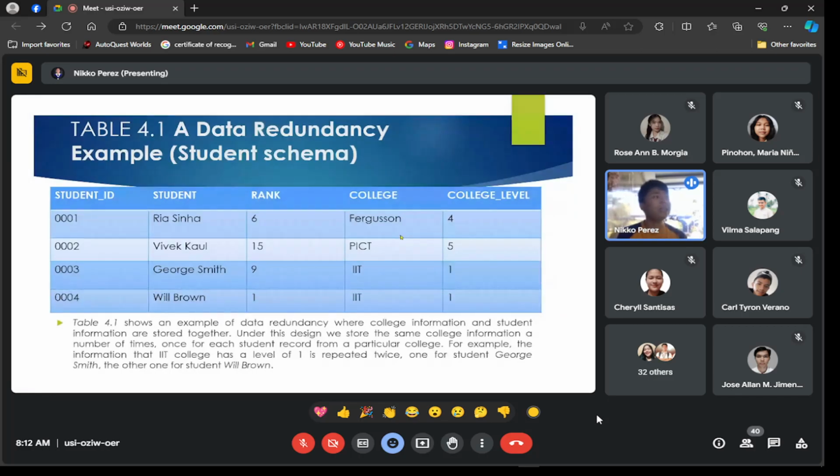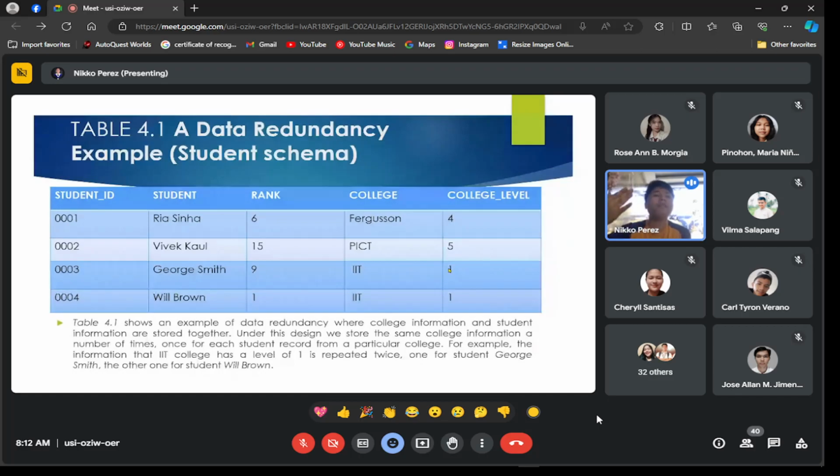So when it reaches 1,000 records, and there are 500 students enrolled in IIT, then we can say that there are repeated values for IIT and college level 1, 500 times, right? And another 300 enrolled to PICT, so there are multiple repeated values for PICT, 300 times. And 200 for Ferguson.